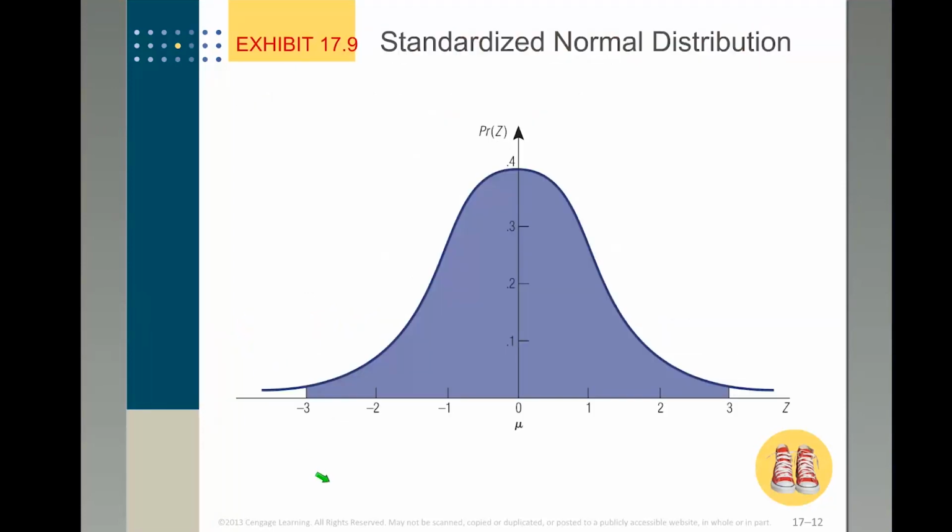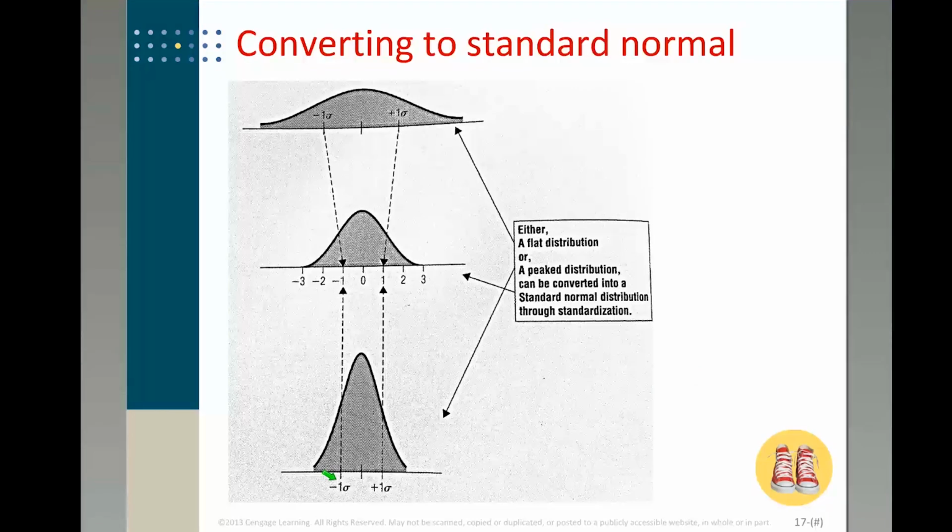And that standard normal distribution looks like this. Just like a typical normal distribution, symmetric, bell shape, right? But the mean is 0 and standard deviation is 1.